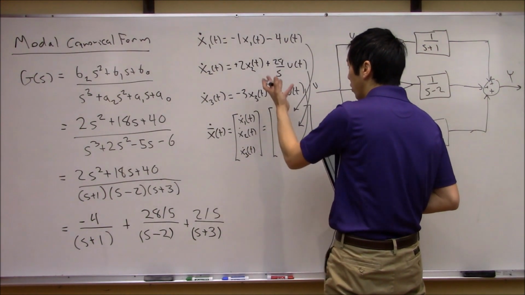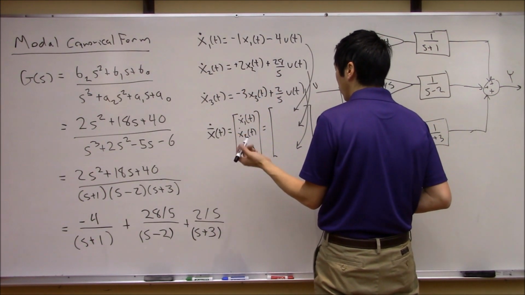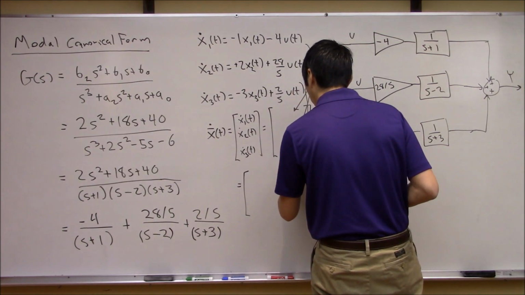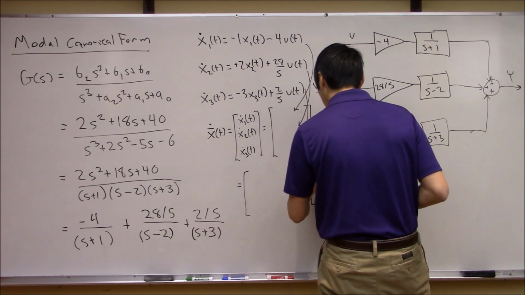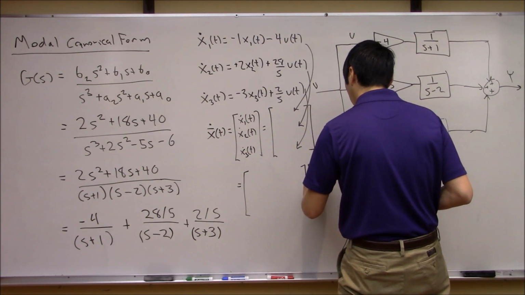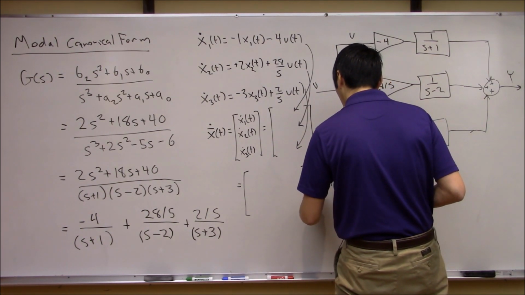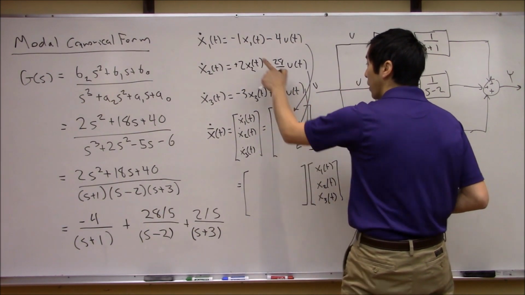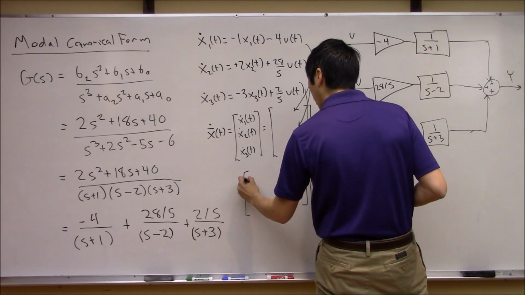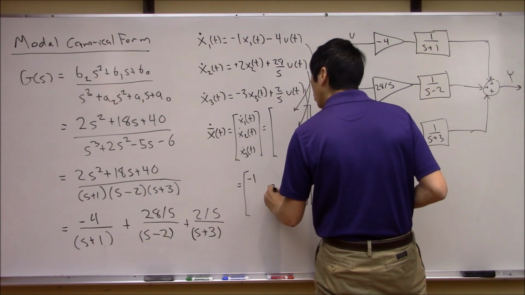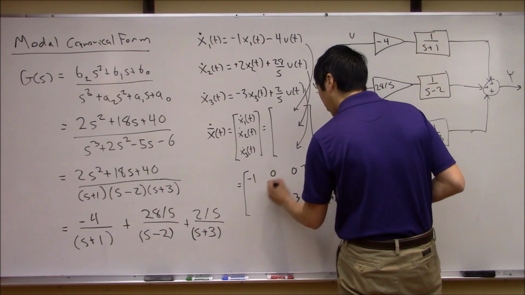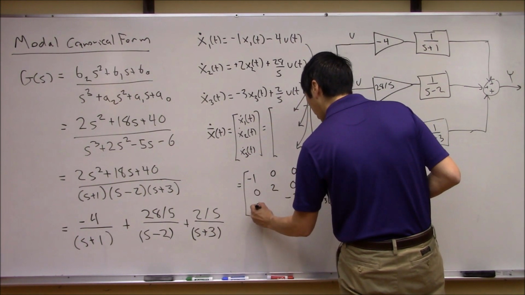And now you look at this long enough and you say, okay, fine, let's write it in matrix form. So I'm going to pull out x1, x2, x3. If you look at this, we end up with minus 1, 2, and minus 3 on the diagonals. So we end up with the poles on the diagonals of this matrix.